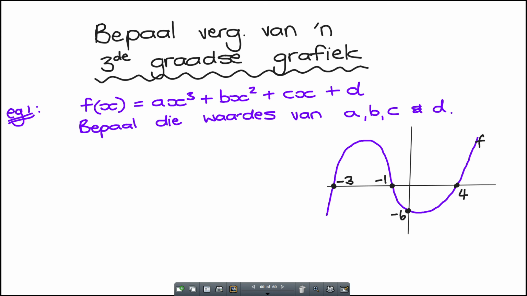Okay, listen. So, when we've got to determine that equation, because it's third degree, you guys knew that we had x to the power 3, x to the power 2, x, and then no x, nee?